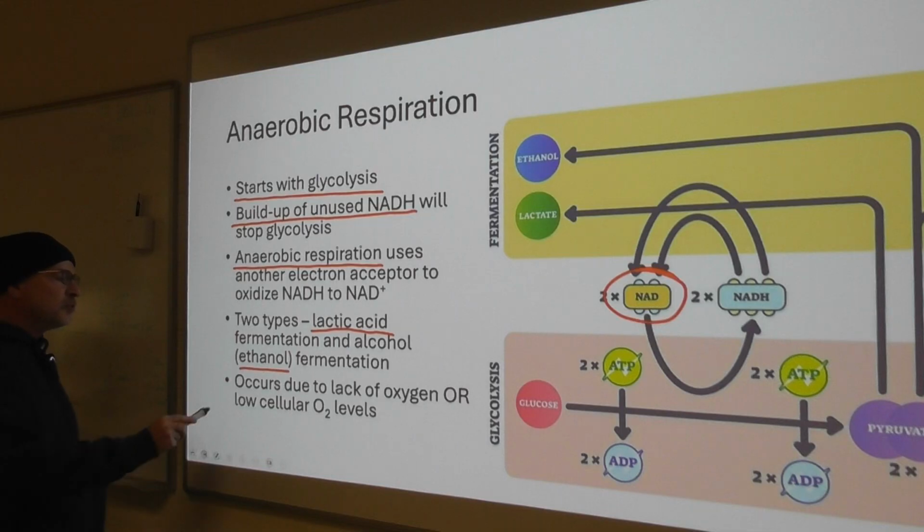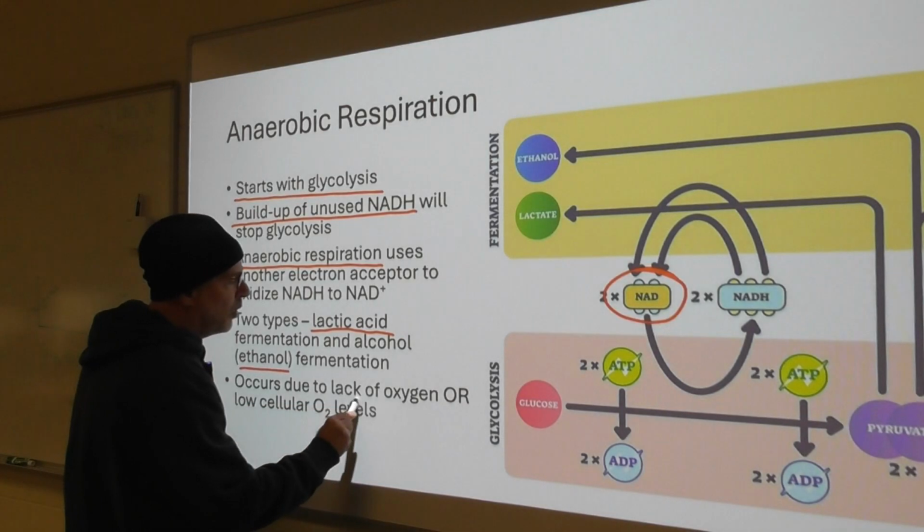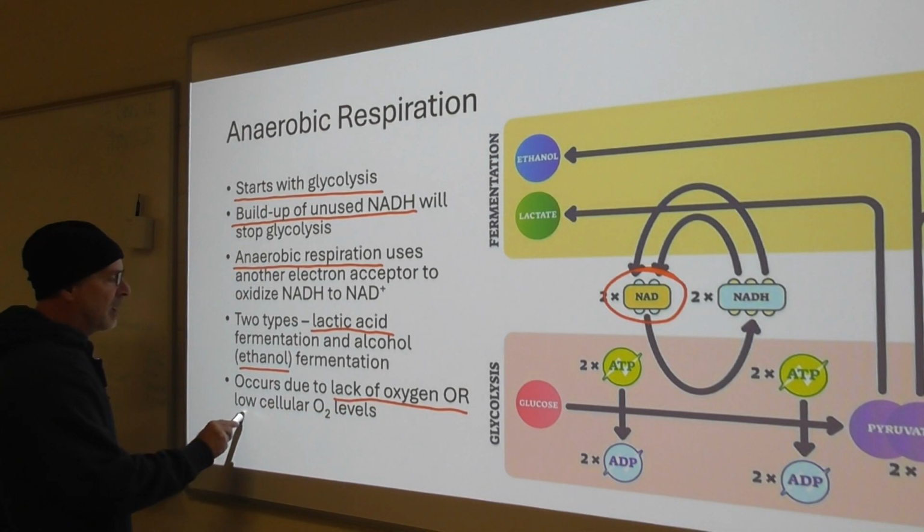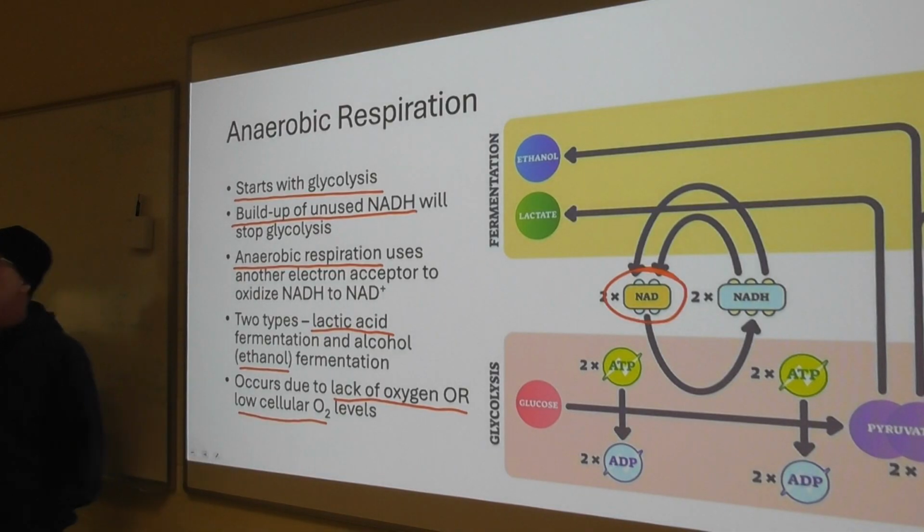And these are both triggered due to no oxygen or just low levels of oxygen. So like in our muscles frequently use anaerobic respiration. We use lactic acid as the type of fermentation, and that means that when we are using our muscles anaerobically, we get this buildup of something called lactic acid.